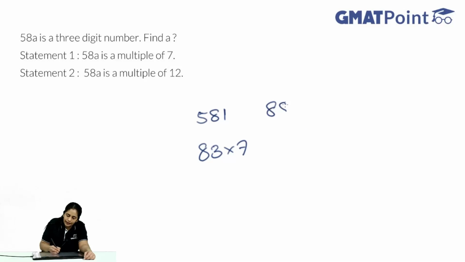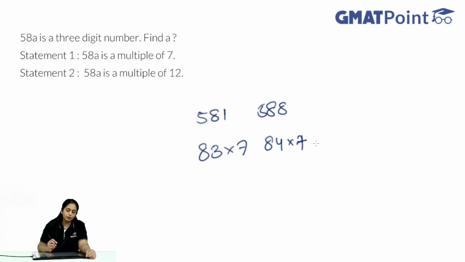And 588 is also a multiple of 7, that would be basically 84 into 7. So both of these are multiples of 7. So if you have just statement 1, you get two possible values for A. You can have either A is equal to 1 or A is equal to 8. Since there are two multiples of 7 in the range of 580s, we can't uniquely find the value of A. So statement 1 alone is not enough to answer the given question.